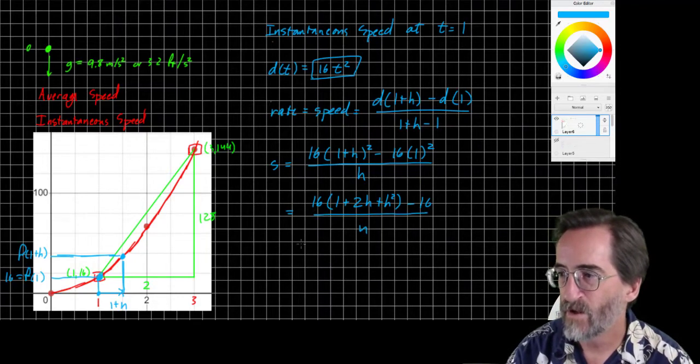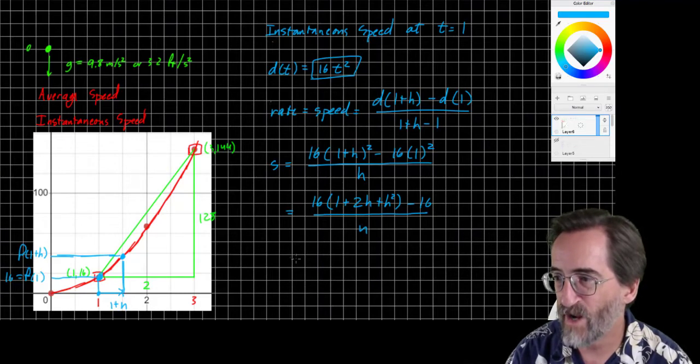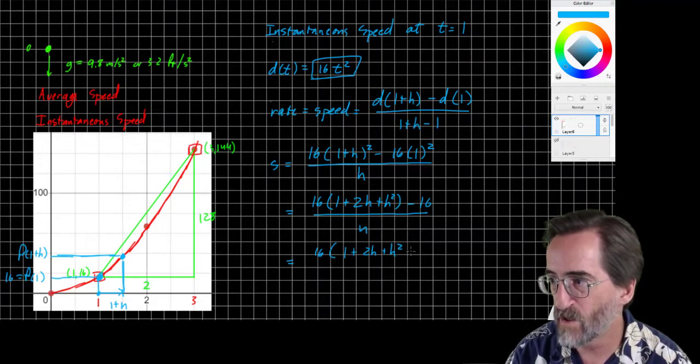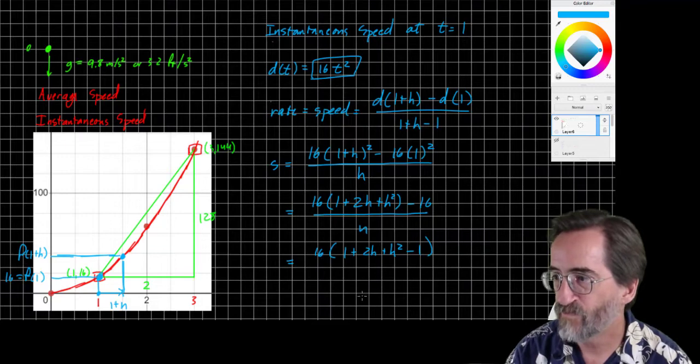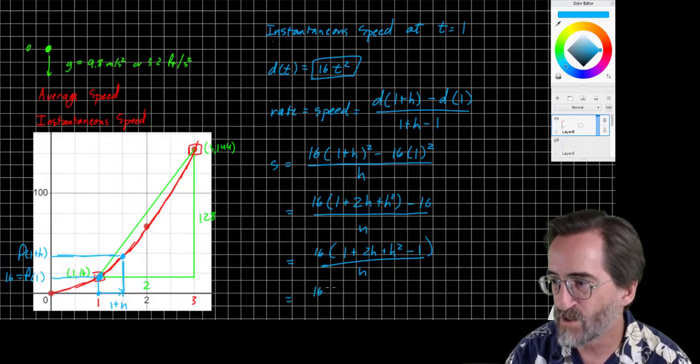Okay? Distribute or factor, actually. Factor out 16. I think that's even a better step. 16 times 1 plus 2h plus h squared minus 1 all over h, and the 1's cancel, which is really important. So we get 16 times 2h plus h squared over h.